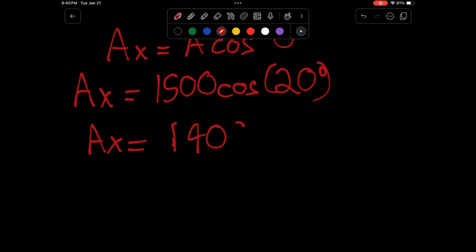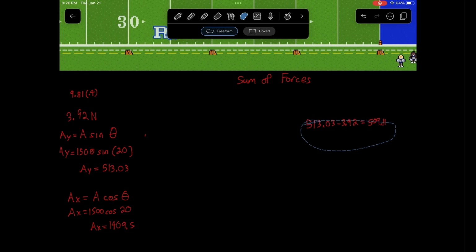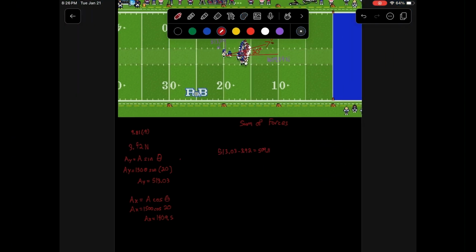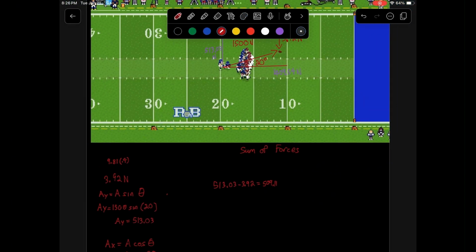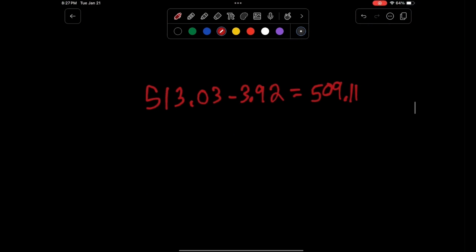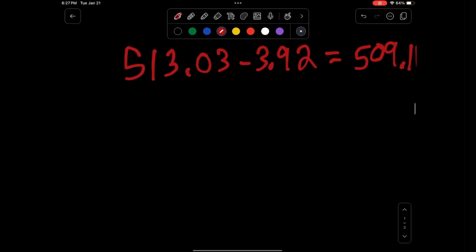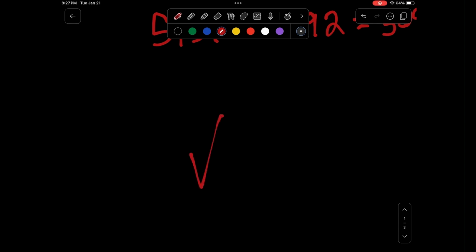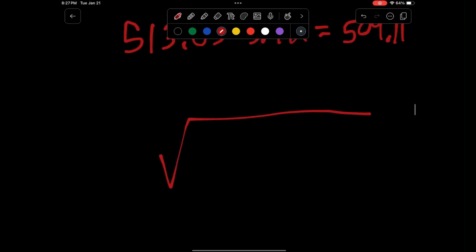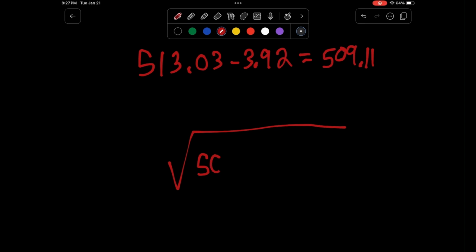Get an answer of 1,409.5 newtons. We subtract the two vertical forces, the 513 newton vertical force of the kick and the 3.92 newton downward force of gravity on the ball.